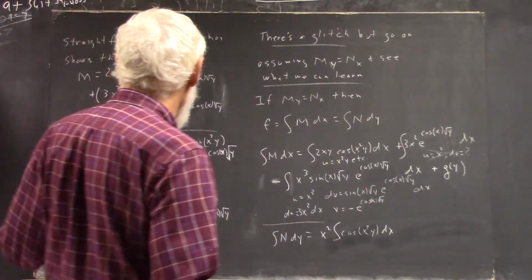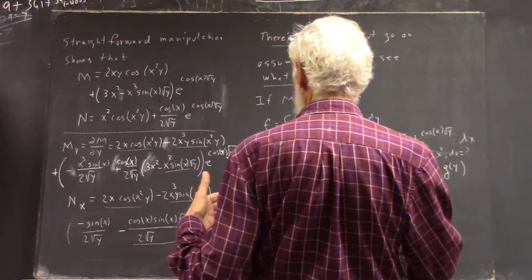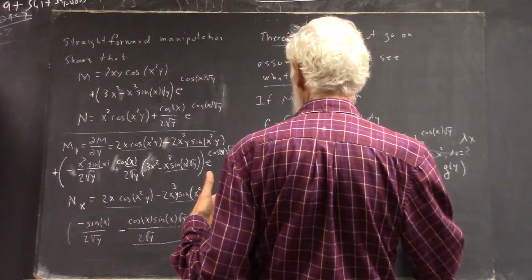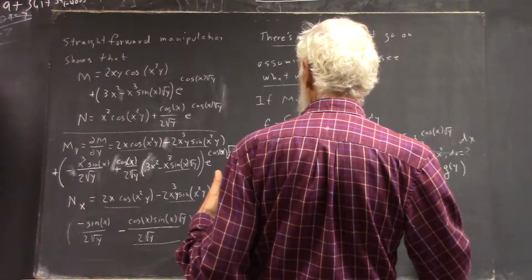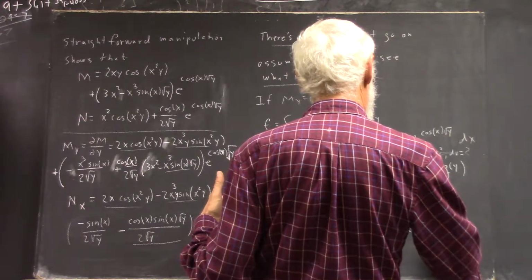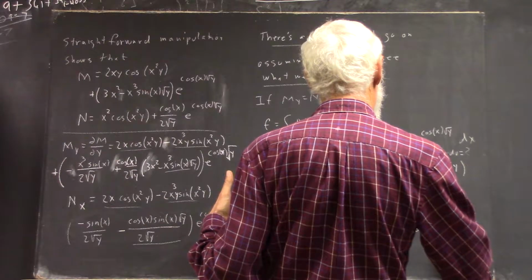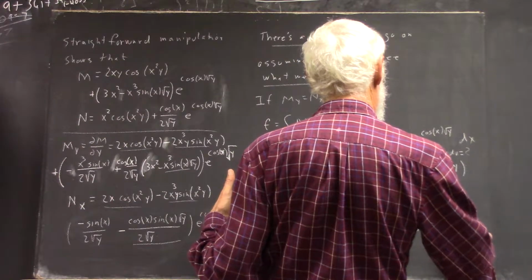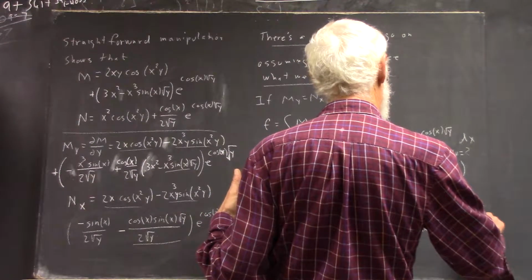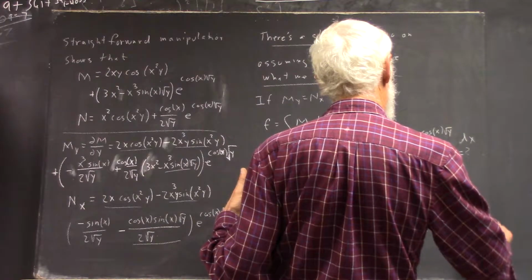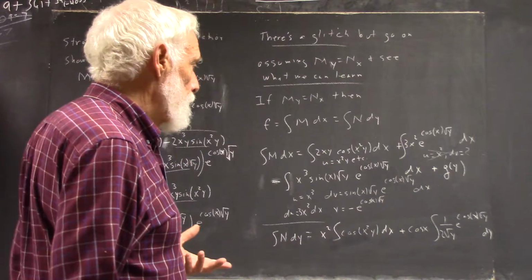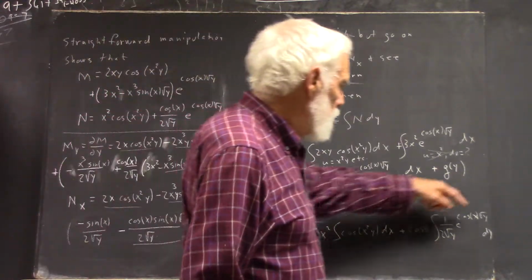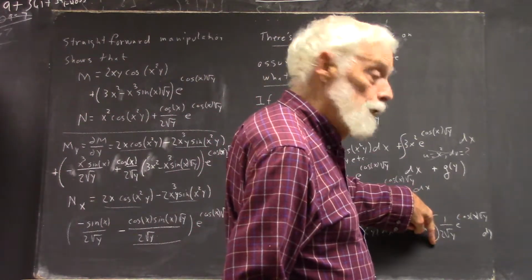So that one's going to recover the original term. Okay, then you're going to have cosine of x times the integral of 1 over 2 square root of y e to the cosine of x square root of y dy, and that one's straightforward. You're going to let u equal the square root of y, so there's your du.